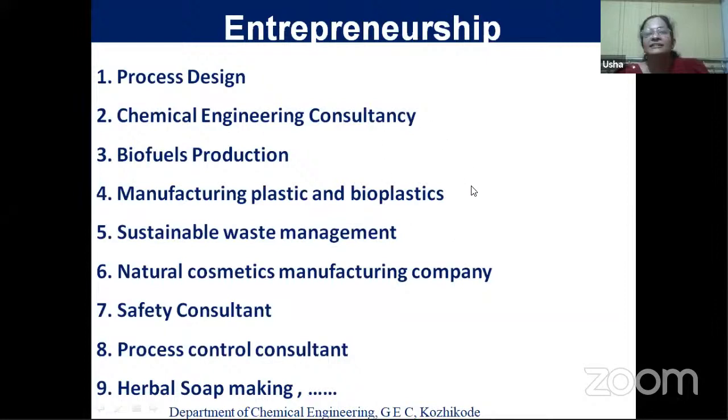After passing out BTech, you can take your own risk. You can start a small scale industry, and after that, you can develop it.